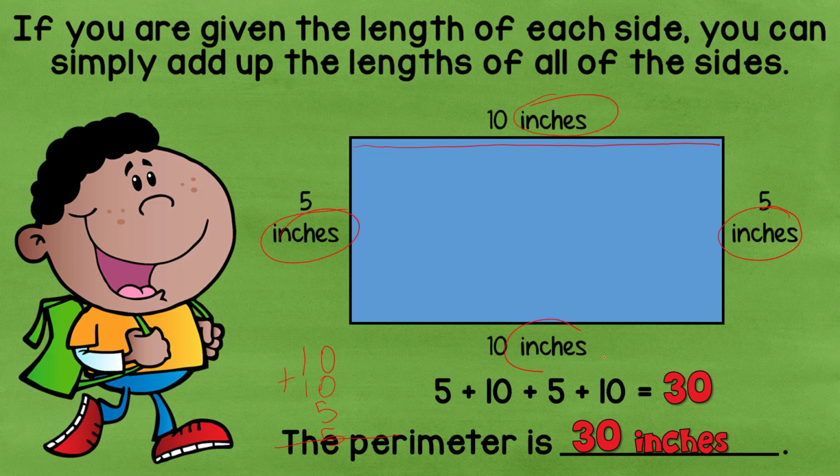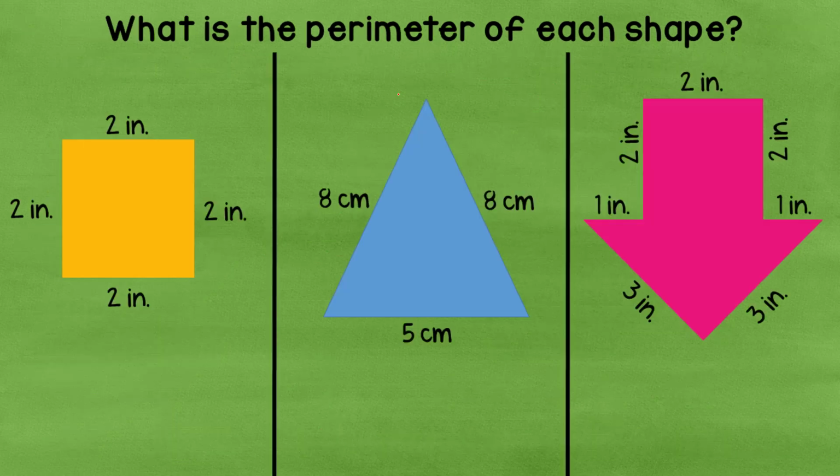We see they told us it was inches up here, so we need to make sure we include that in our perimeter because 30 feet or 30 inches, that's a really big difference. So we want to make sure we're letting someone know that this is 30 inches around the perimeter of the rectangle. Let's find the perimeter of each of these shapes.